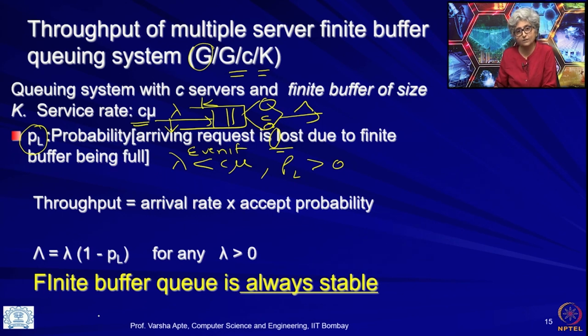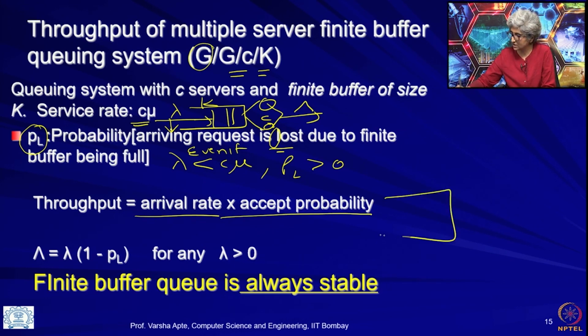So, for finite buffer systems, how do we define the throughput? It is a very simple definition. It is arrival rate multiplied by the probability that you can actually get into the system, because once you come into the system you are going to leave. There is nowhere that the requests have to go.